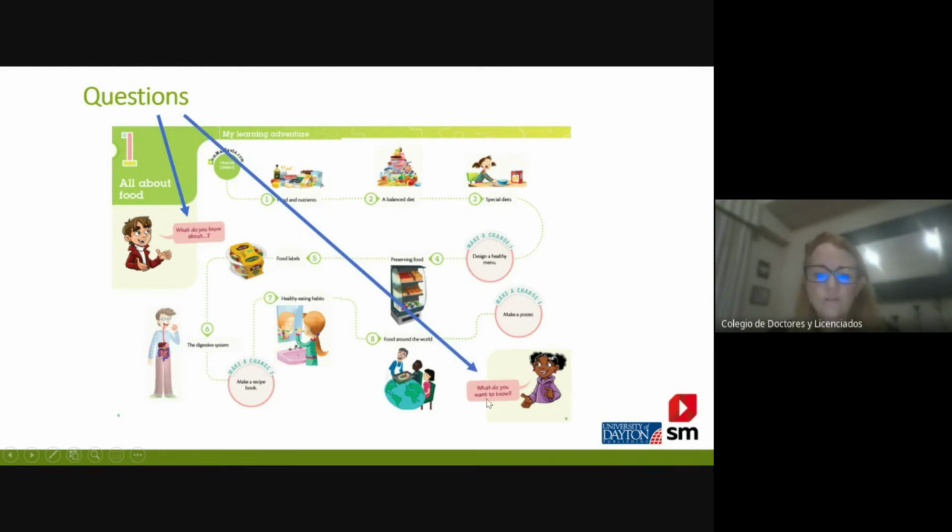What do you want to know? So, what do you want to know about a balanced diet? Now, doing this question, you're going to get the kids on board because they'll have their questions. Well, I want to know why, and so on. And they're very creative. They've got very, very interesting minds, students, and they come out with some really interesting things.